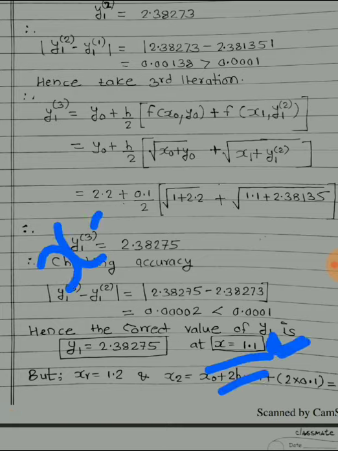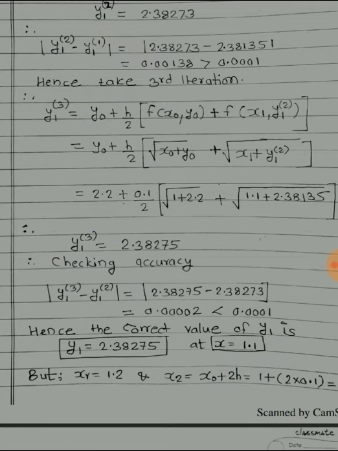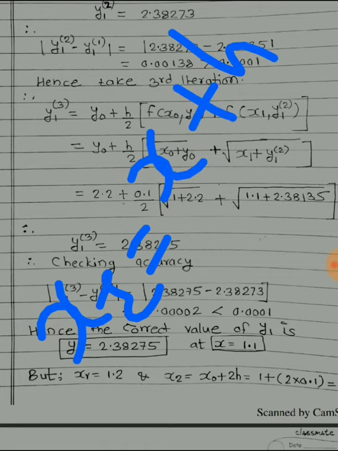So at x equals 1.1, as you know, h is the step size, and xn is equal to x0 plus nh. So h is the step size, and this will be x0 for starting.